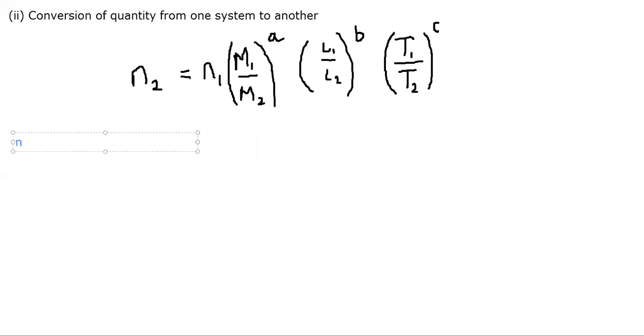N1 means the quantity to be converted. For example, if you want to convert 5 Newton, the value of N1 would be 5, the quantity to be converted. N2 would be the converted quantity.